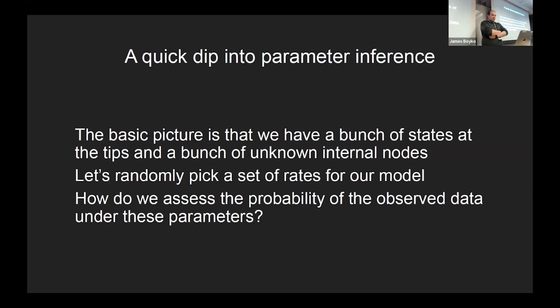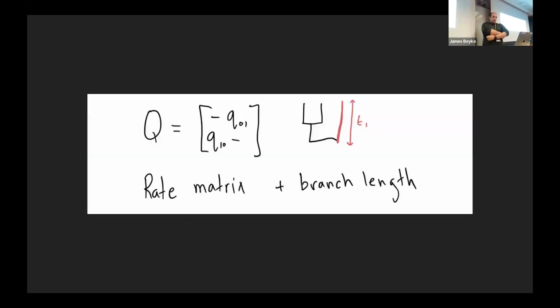Now I want to do just a quick look at parameter inference for this model, for anyone who's interested in the more technical, gory details. I'm going to randomly pick a set of rates, and we're going to assess the probability of the observed data under these parameters. So we have this rate matrix that we've been talking about, and we have branch lengths from our phylogeny.